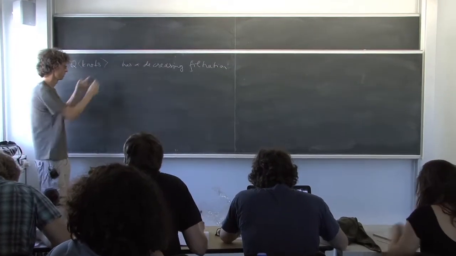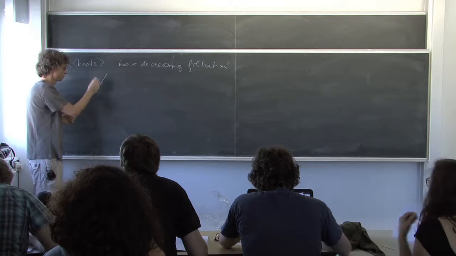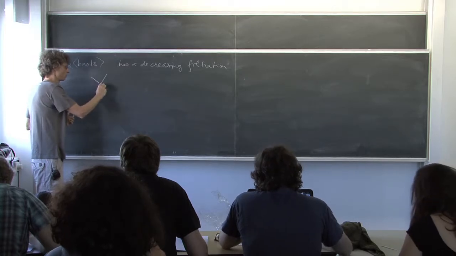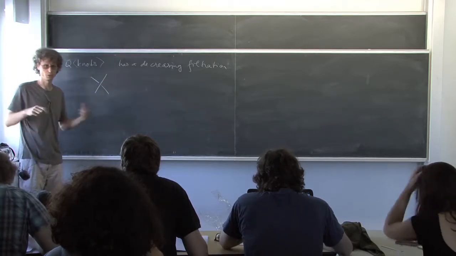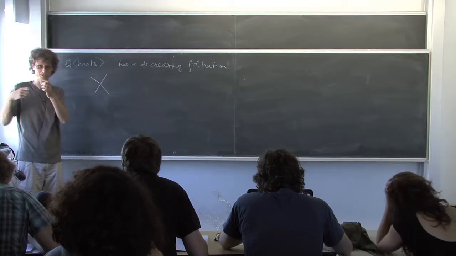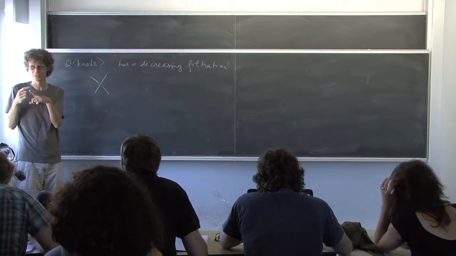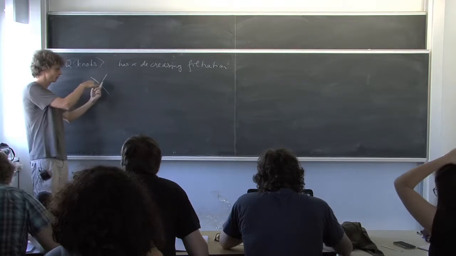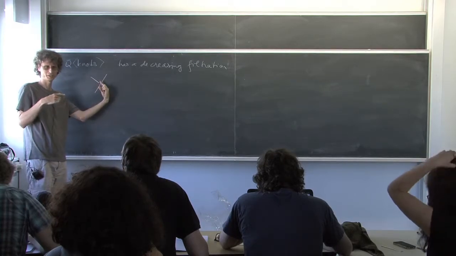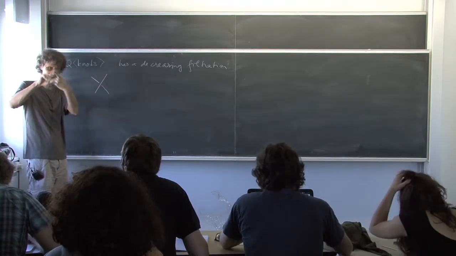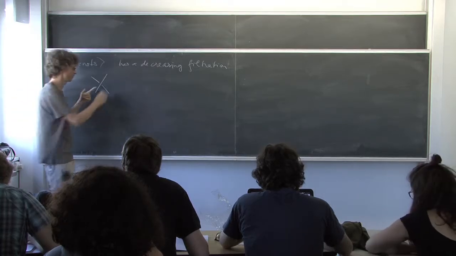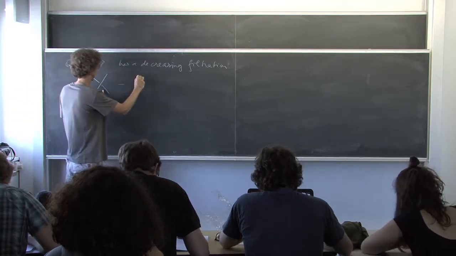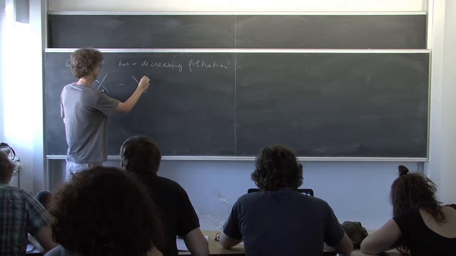And the idea behind this is how you might be able to simplify a knot. If you have something very knotted, a way to unknot it is, whenever you see some crossing, you can try to pass to the other thing.